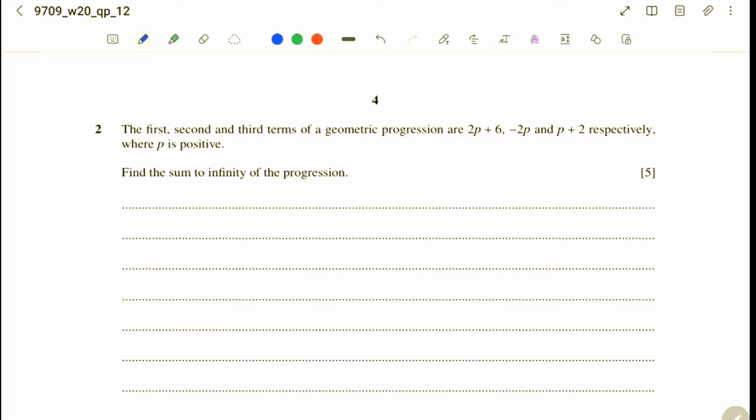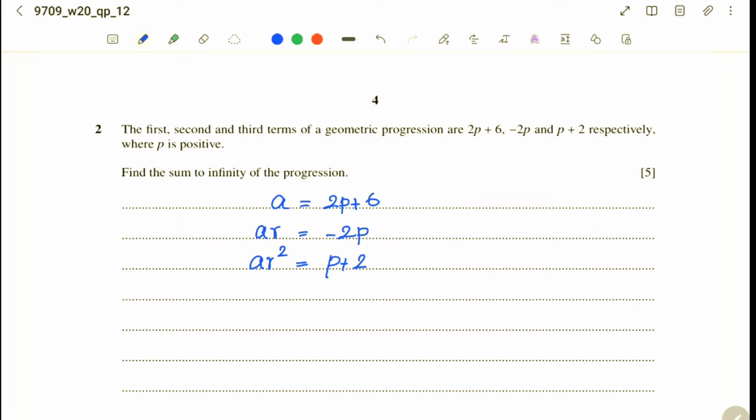We know the first term in a geometric progression is a, which is given as 2p + 6, the second term is ar, which is given as −2p, and the third term is ar², which is given as p + 2.